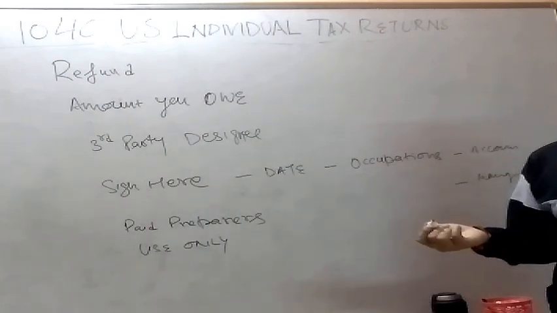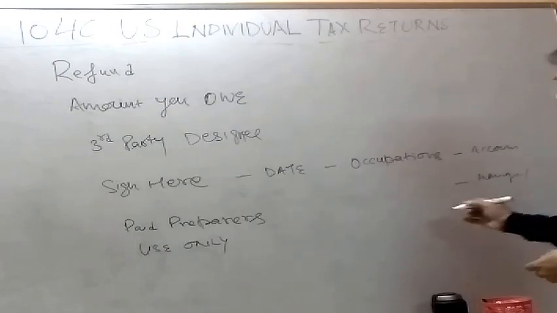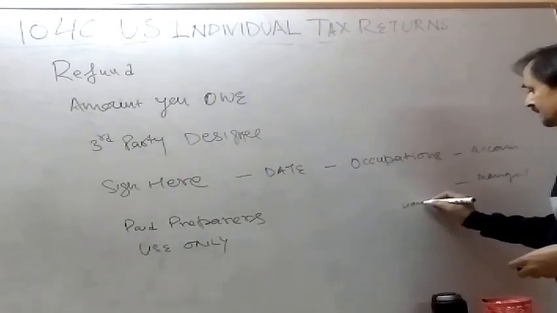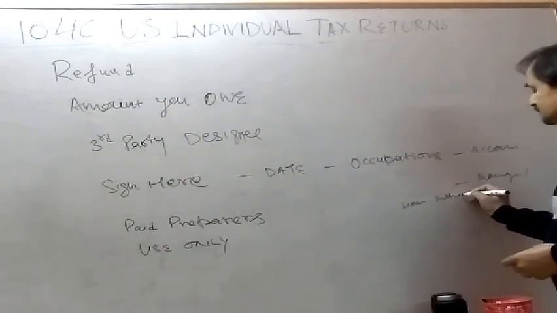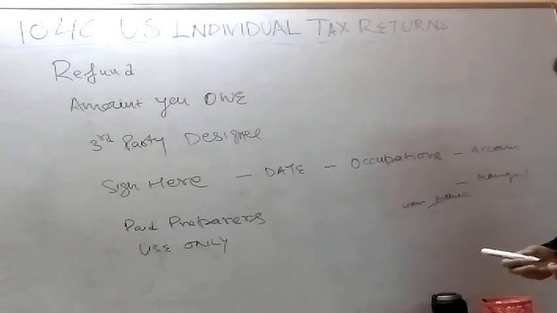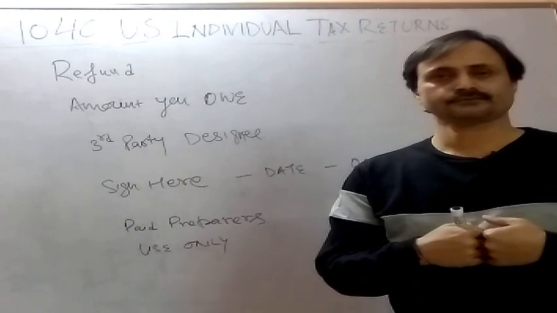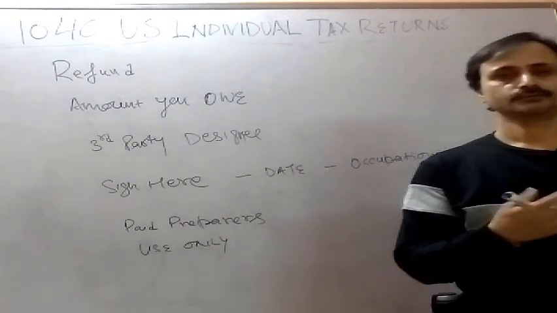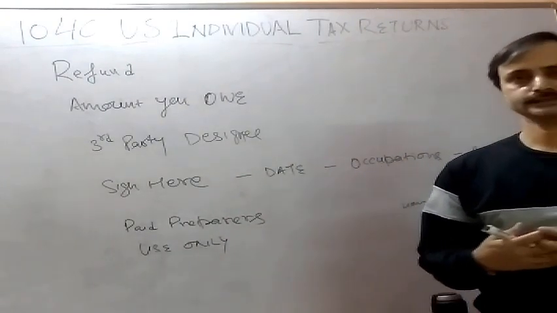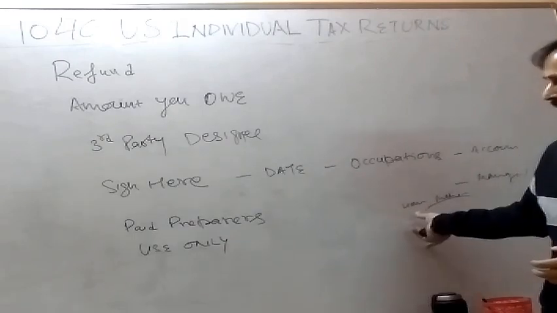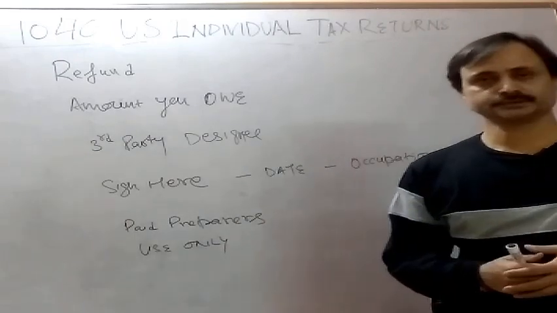Or if they are not working, it could be homemaker, which means the spouse is not working anywhere. So that is how we can come to know their occupations, whether they are working or self-employed. Whatever their occupation, we can easily get that information and proceed with our transactions.